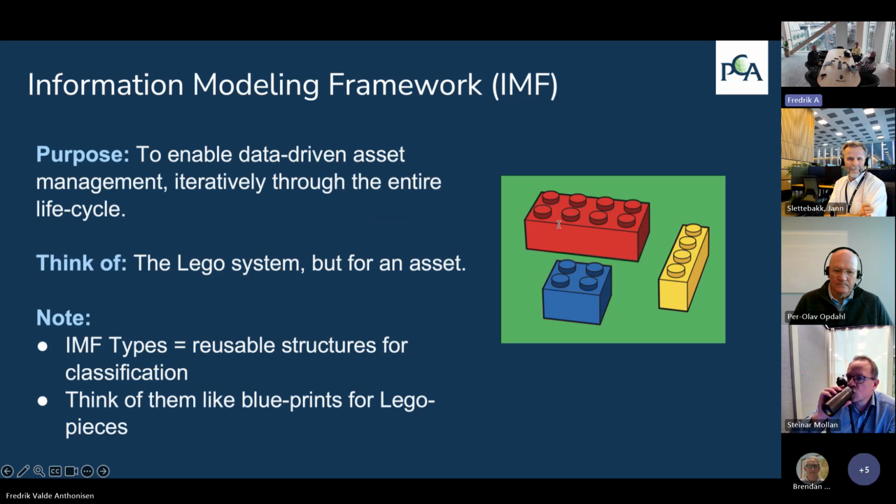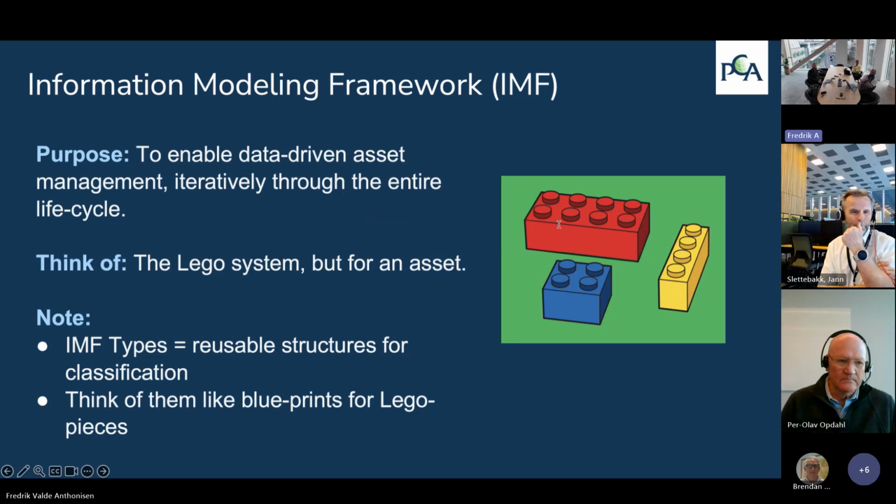And then lastly, we have what we normally refer to as IMF, which stands for Information Modeling Framework. At a very high level, you could say that the purpose is to enable data-driven asset management, which you can do iteratively through the entire life cycle.